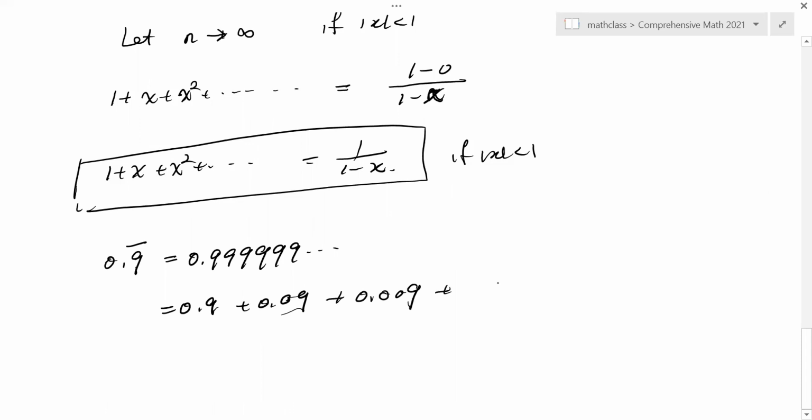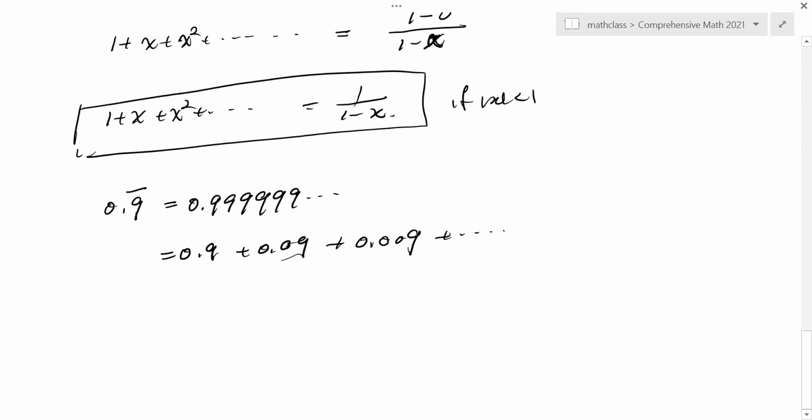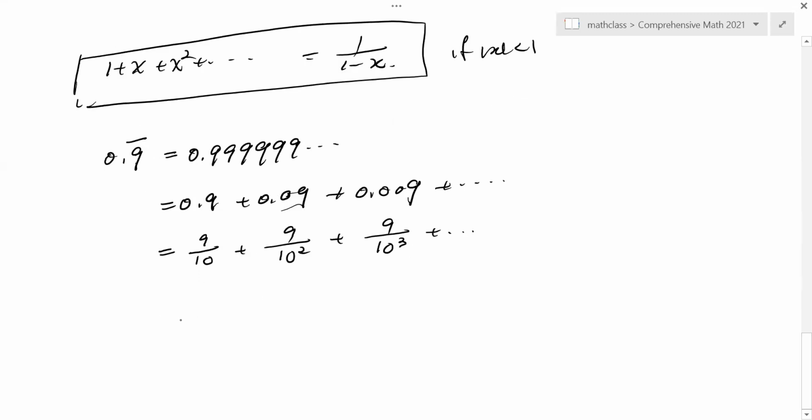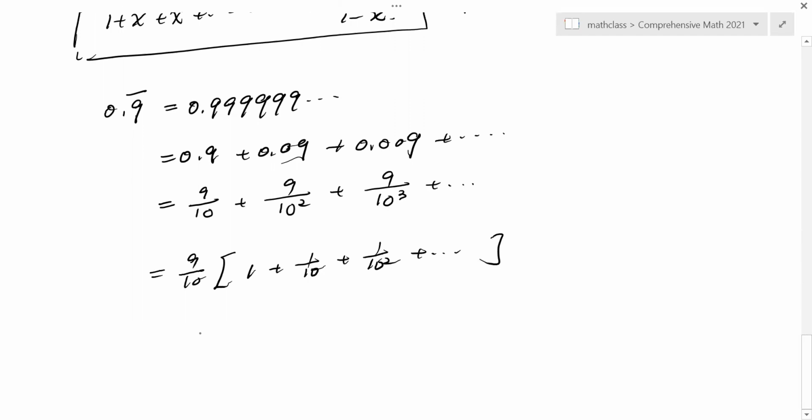So I get a sequence of terms added together. You can view it as a series, which we call a geometric series. The first term is 9 over 10, the second term is 9 over 10 squared, the third term is 9 over 10 cubed, and it keeps going. I can factor 9 over 10 out of each term, so I get 1 over 10, 1 over 10 squared, and keep going, infinitely many terms.